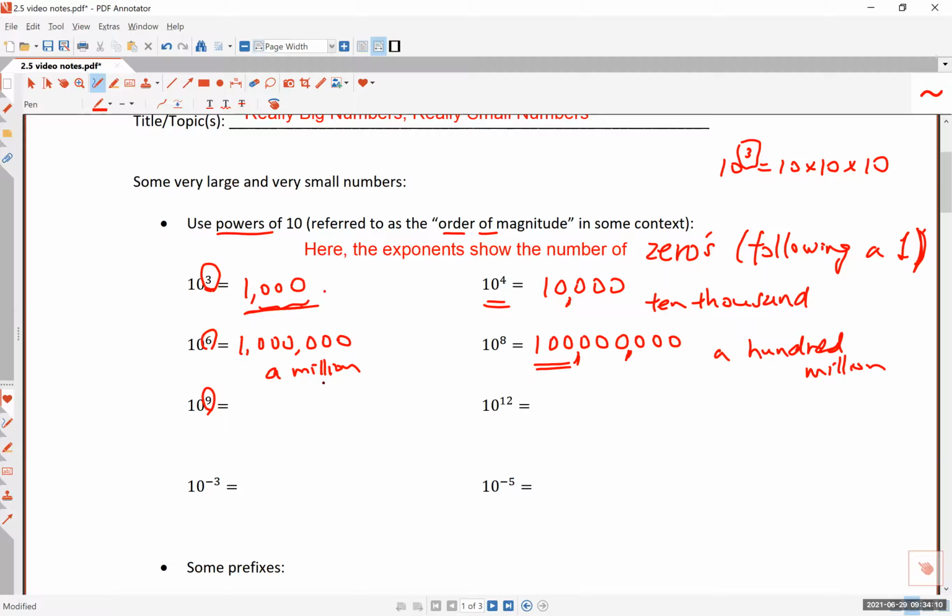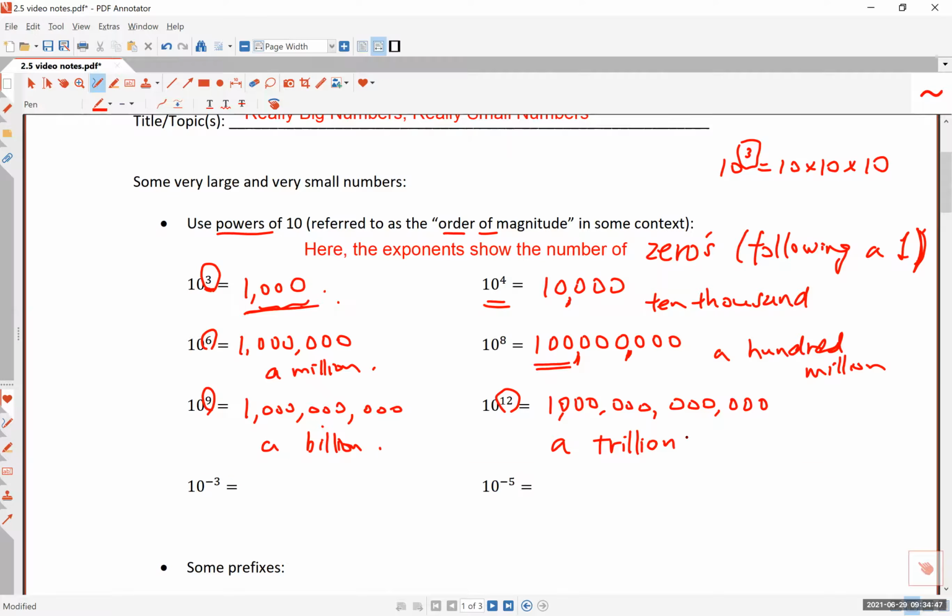We had 1,000, we had a million, and then this is 1 followed by 9 zeros, and this is called a billion with a B. So we have 1,000, a million, a billion, and 10 to the 12th has 12 zeros, and this has a new name: a trillion.